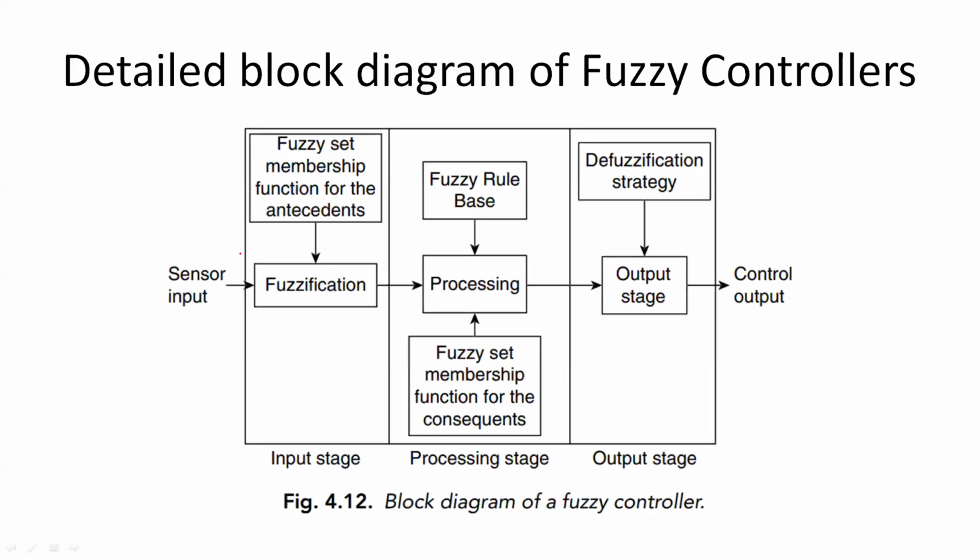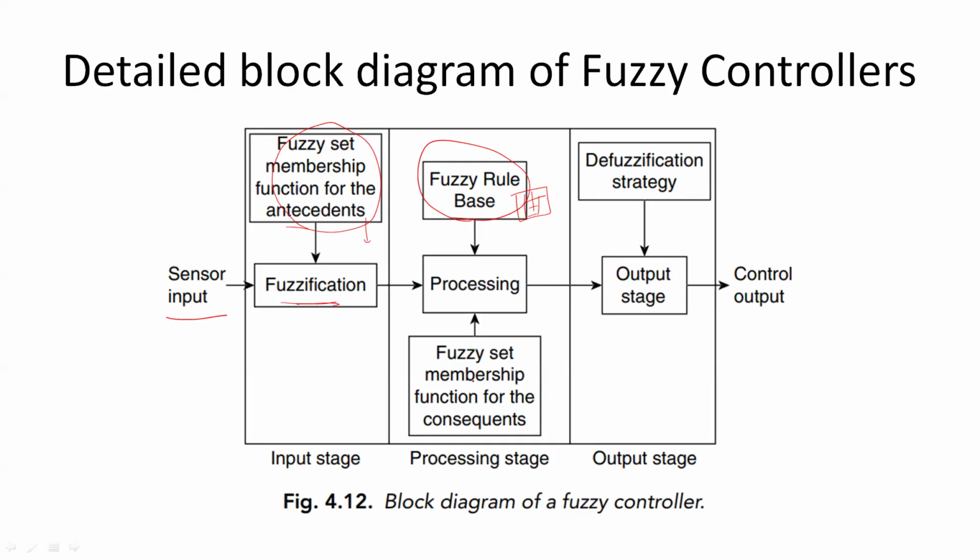You can see the sensor input is given here. Then you have fuzzy membership functions for the antecedents, and we perform fuzzification based on these truth values. In the processing, we look at the fuzzy rule base. In some systems, you may have a fuzzy associative memory, where you have a table of all the linguistic descriptions that are given.